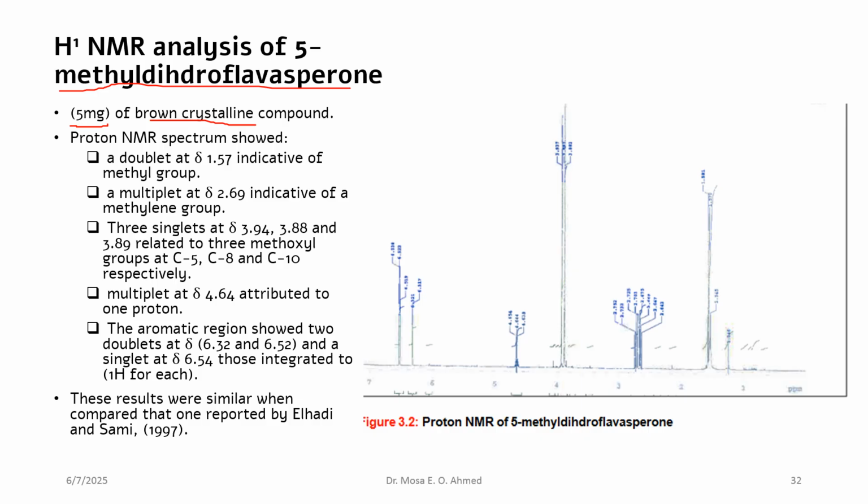As we said, identification of a new compound may be either of two situations. It is a new compound which needs further identification, such as carbon 13 NMR, proton NMR, COSY and so on.